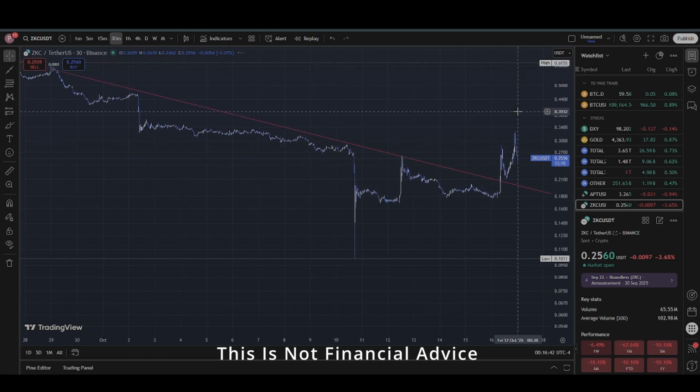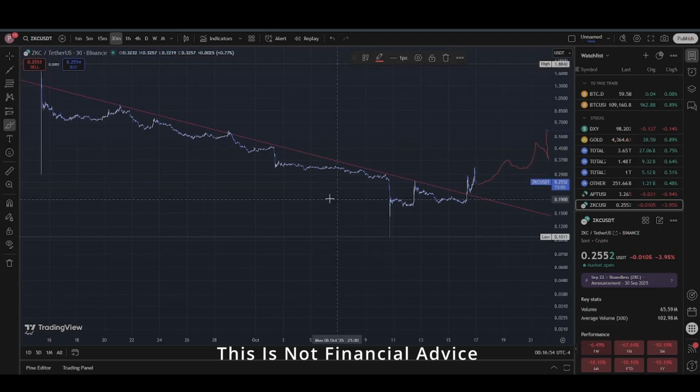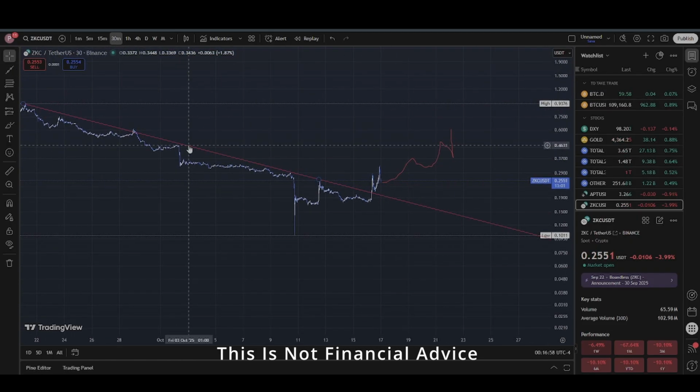So I guess it wants to make a new high again. As of now I'm expecting a new high, a small correction, and a new high, and after that a small correction and a new high. So I think the possibility of ZKC going as high as 46 cents, or even 60 cents, is there.